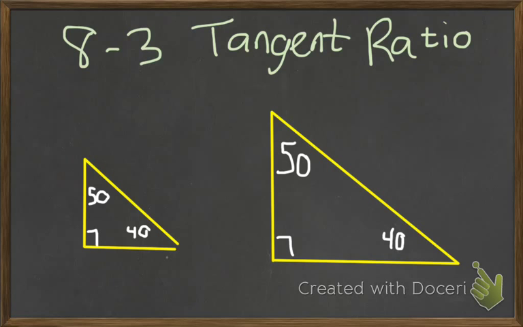The AA similarity postulate, or the angle-angle similarity postulate, says that these two triangles must be similar, which means what? It means that the corresponding side lengths must be proportional.